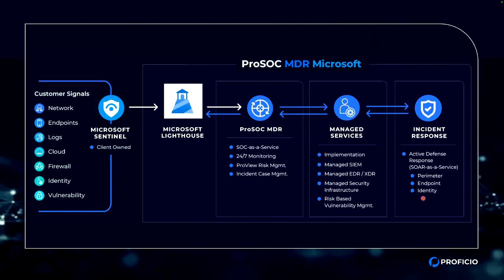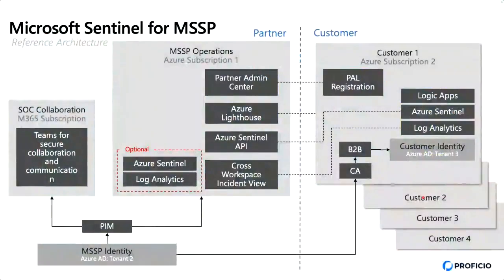So we can proactively block or remediate some threats in your infrastructure based on the use cases we will pick together with you, basically, right? Architecturally, it will look like that. You as a customer will have a subscription.